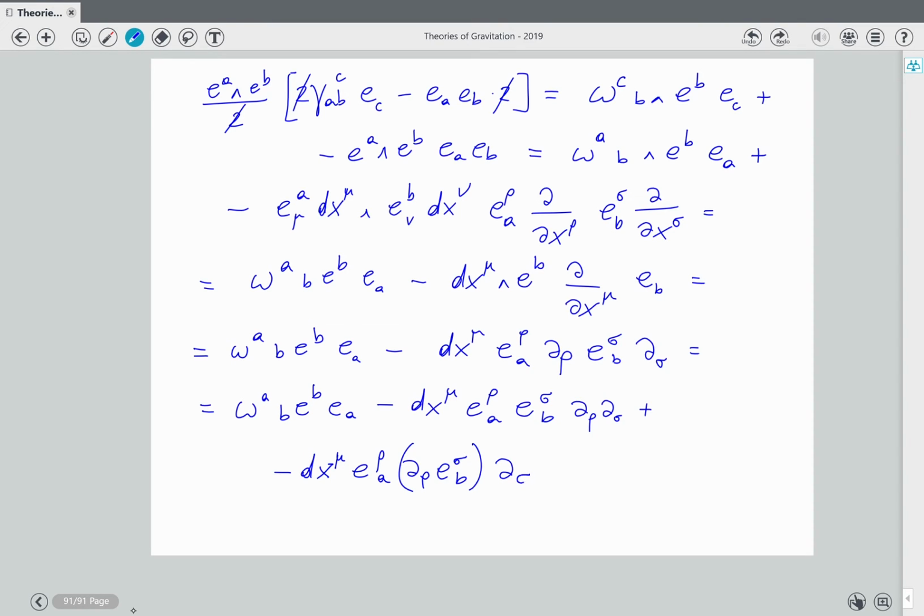So because remember we have here the product of two vector fields, and what we should have done actually was to, oh, I forgot one thing.